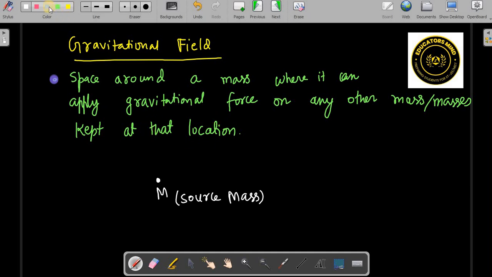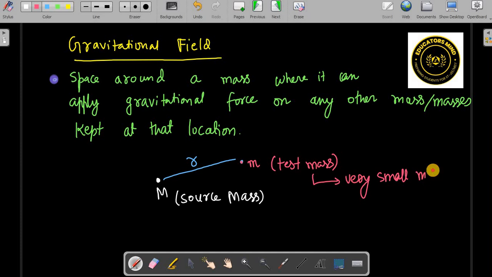If you take any distance, let's say r, away from it, and you bring another small mass, this is called a test mass. Test mass is a very small mass, so that it should not disturb the source mass, and its influence is negligible. That's why it is small.